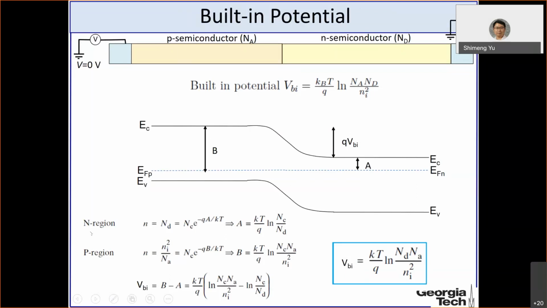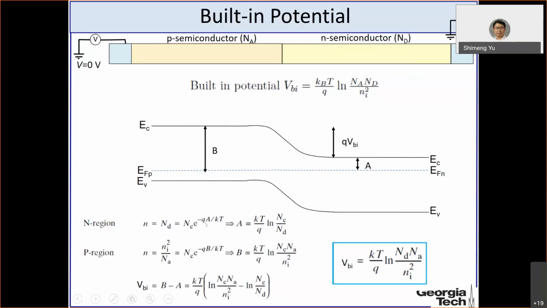So let's look at the N-type region first. N-type is this side. So we know that in N-type, the EFN is close to the conduction band, given by this formula. If we use N-type, let's say the electron density n equals the donor density ND, and then equals this equation, NC times exponential of negative QA over KT.